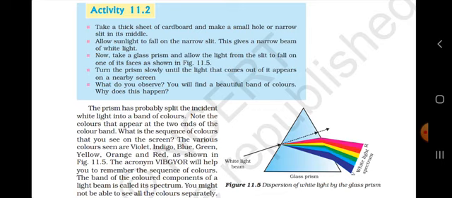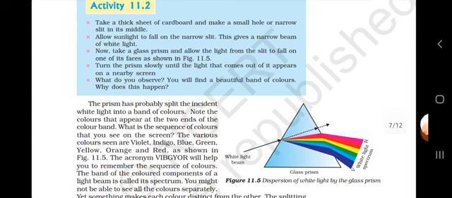Now take a glass prism and allow the light from the slit to fall on one of its faces. Turn the prism slowly until the light that comes out of it appears on a nearby screen.